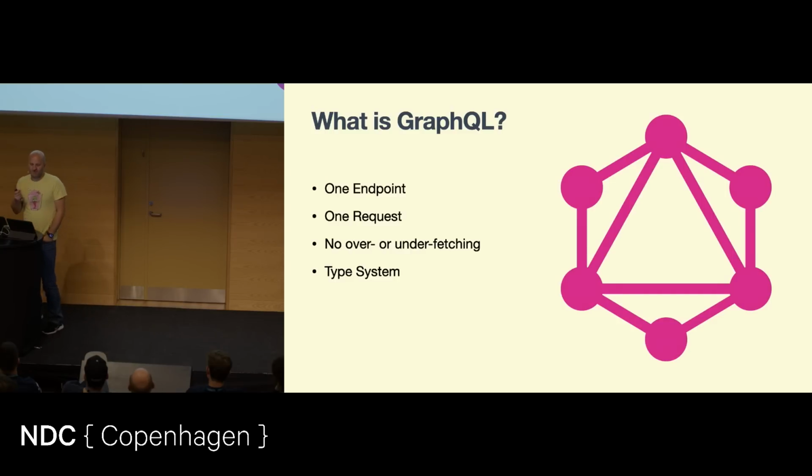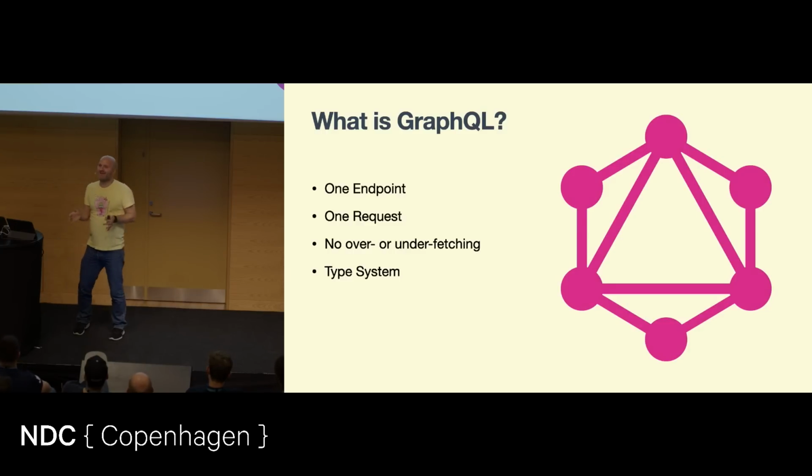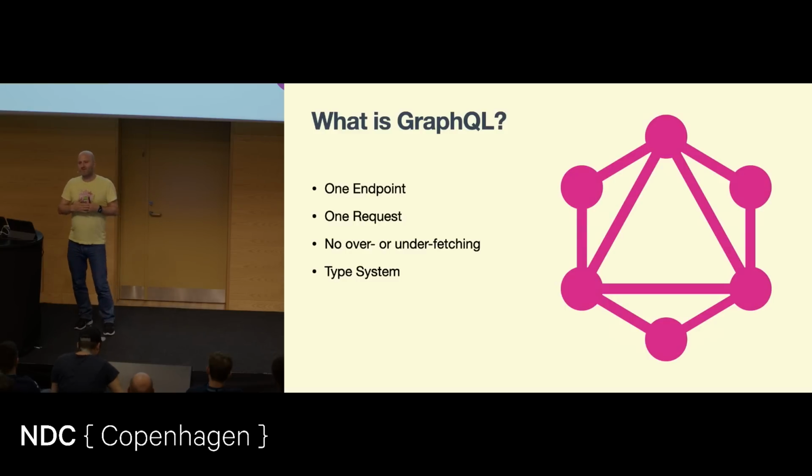GraphQL is built on a strong type system because when Facebook looked at their API, they said, oh, we have an awesome domain model that we designed in our internal API. We want to be able to expose it without compromise.